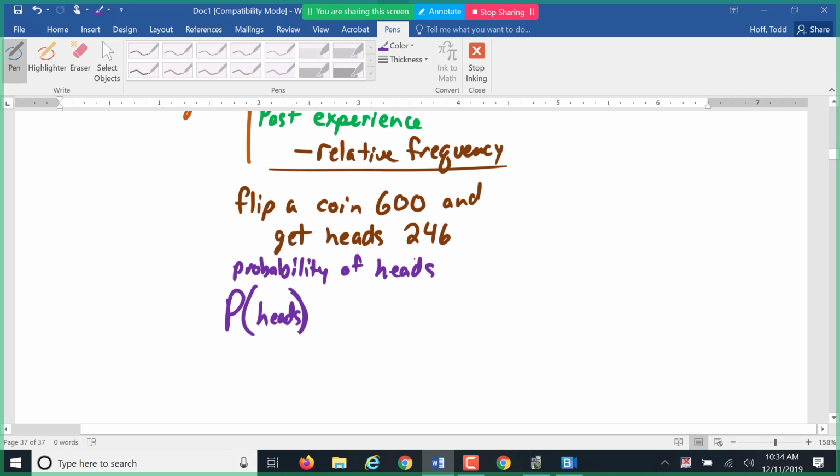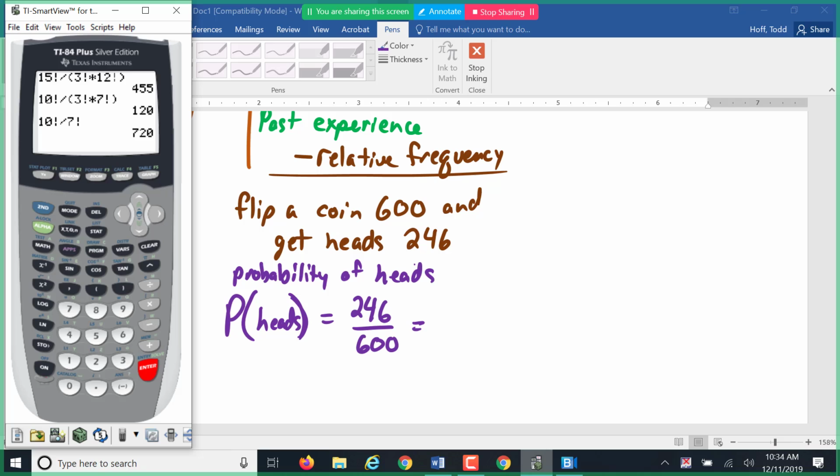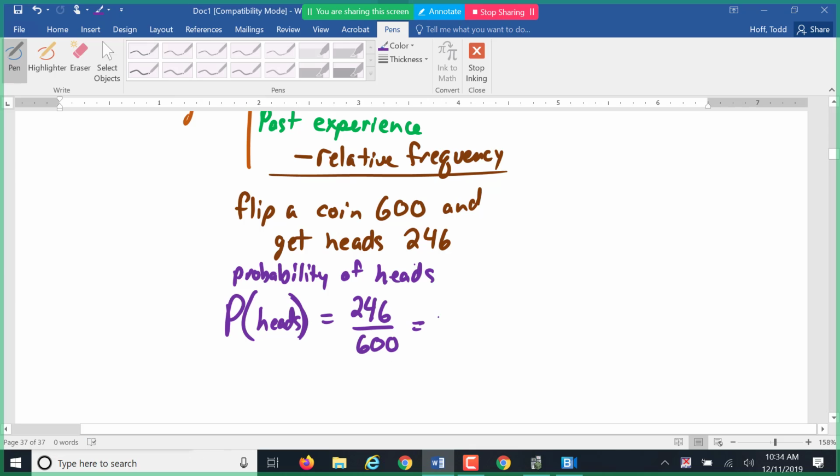So the next time we flip the coin, the probability of it coming up heads, well, we've had 246 heads in the past out of 600 attempts. We divide that out, 246 divided by 600 should be 0.41. So the empirical or experimental probability of getting heads on that coin is 41% or 0.41 probability.